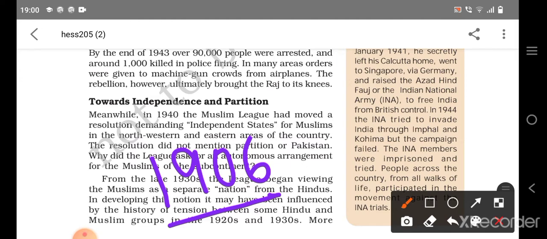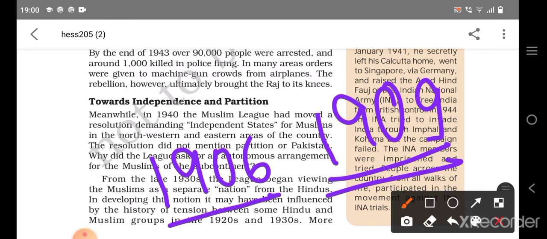Due to this, the Britishers also fulfilled their demand of having some reserved seats in the British parliament; this demand was accepted in 1909, and seats were reserved for Muslims. Then the Muslim League and INC leaders were not on good terms, but they again came to terms. Now, what happened in 1940?